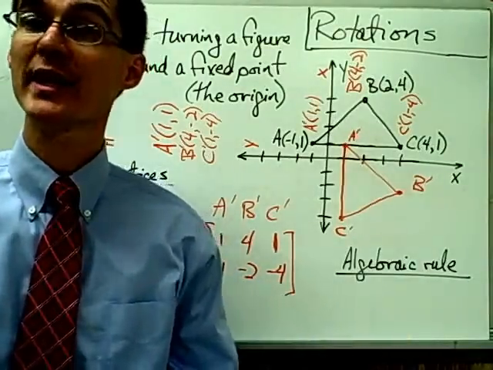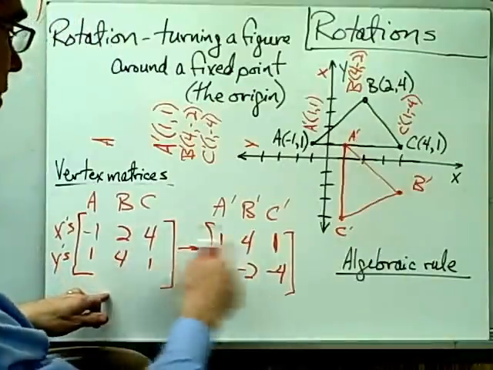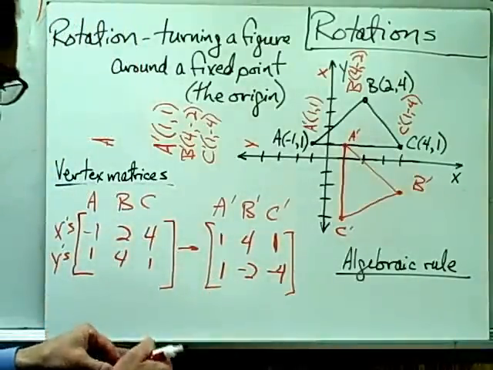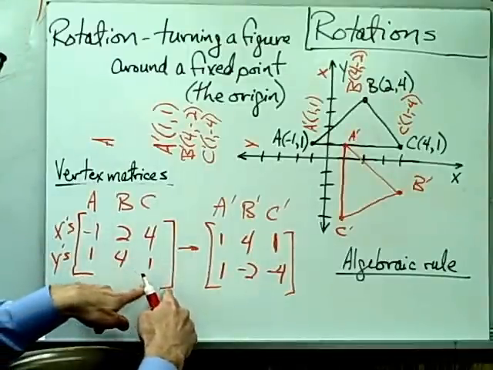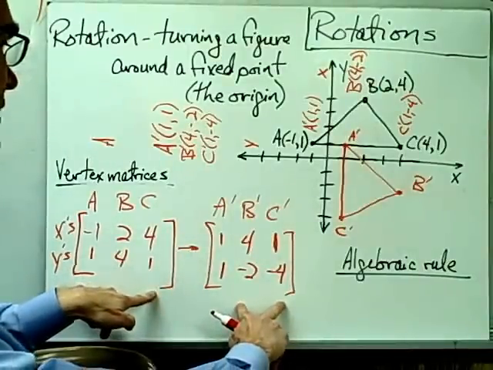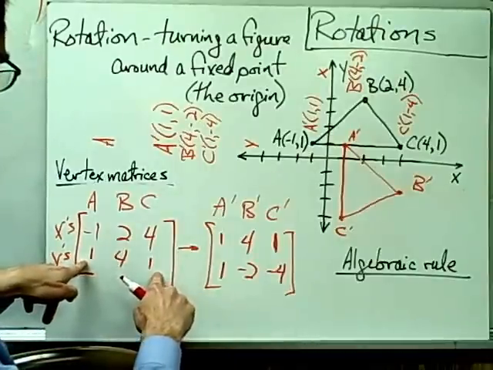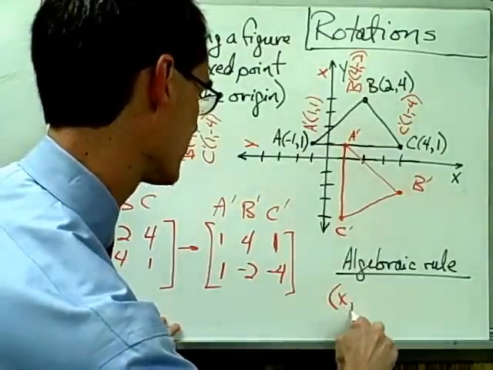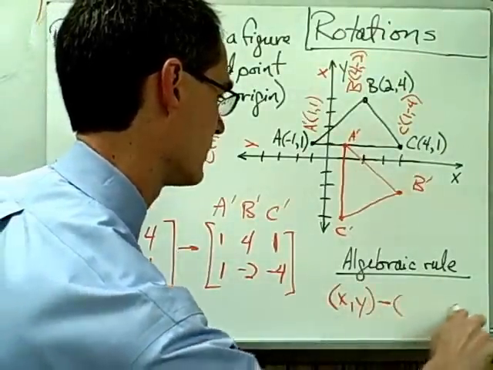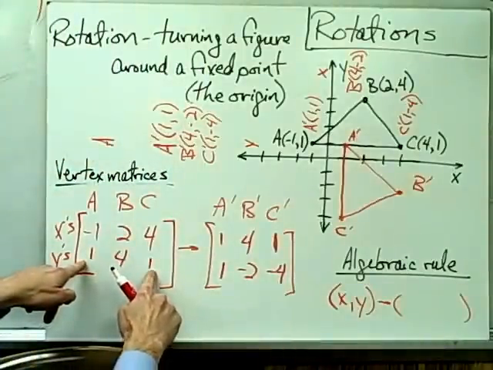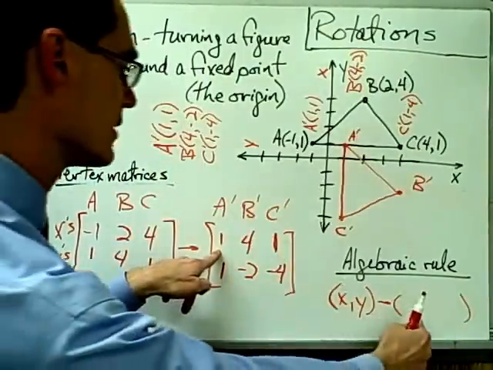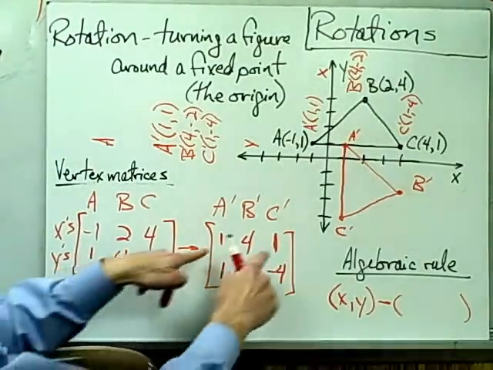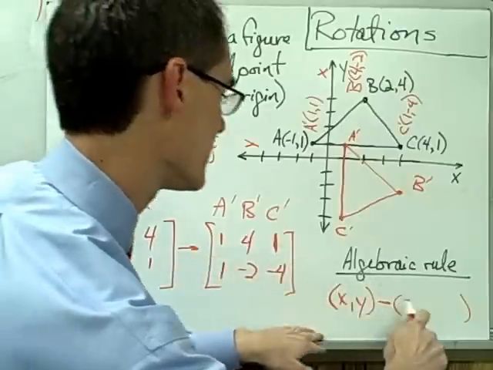Now I want to come up with the algebraic rule that represents this rotation of 90 degrees about the origin. If I look at my original vertex matrix and my transformed vertex matrix, the first thing I notice is that my new x values are exactly the same as my original y values.